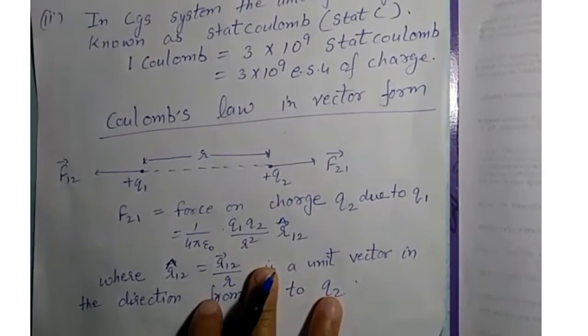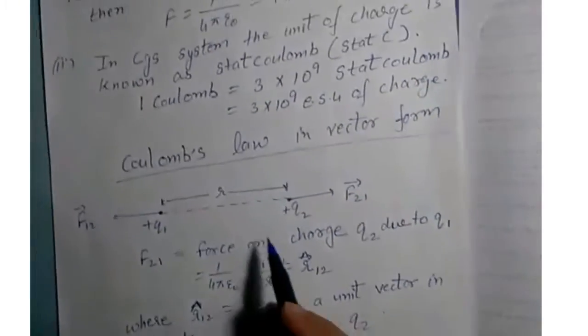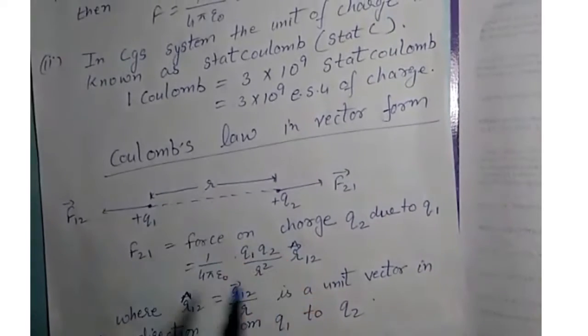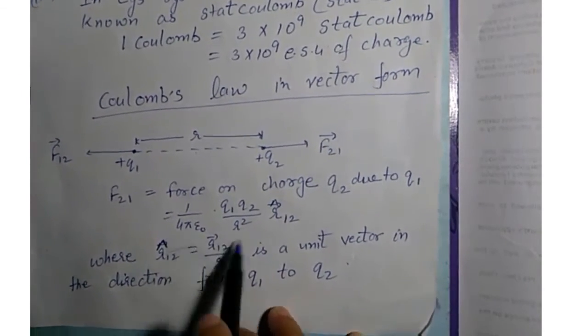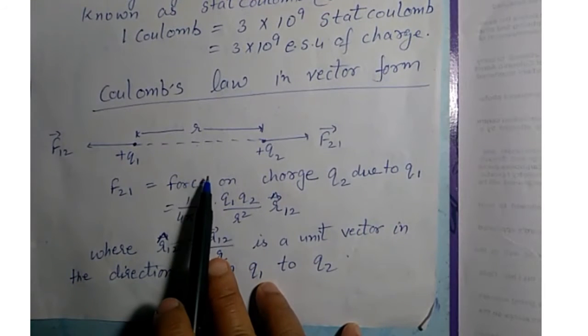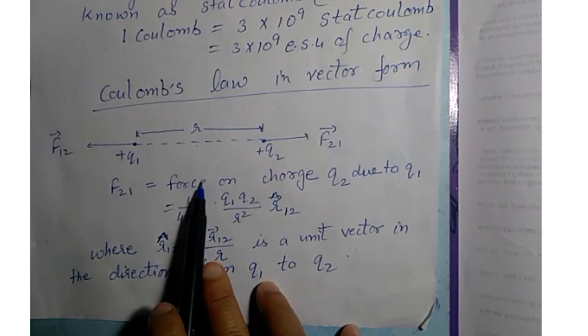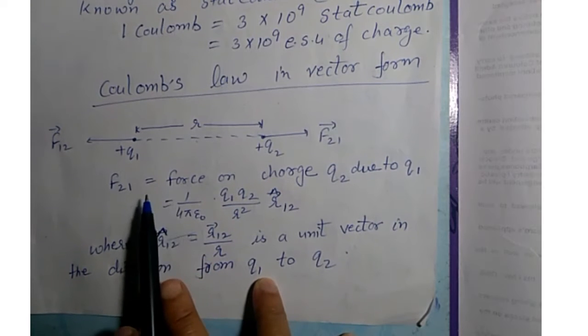Now, the next topic is Coulomb's law in vector form. We have two charges Q1 and Q2. The separation between the charges is R, and two forces are acting on the charges.